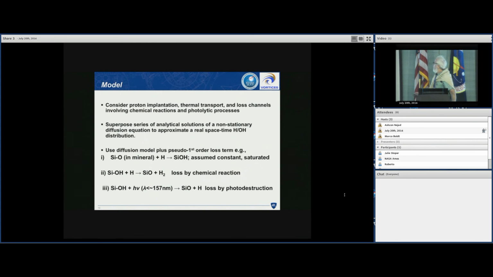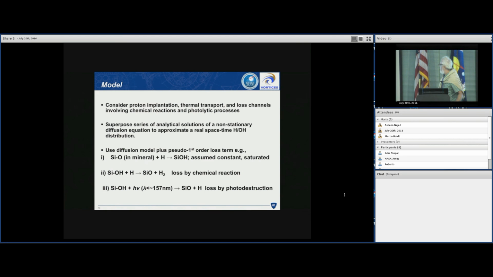Okay, so I have a model. What I did is I have proton implantation, thermal transport, loss channels involving chemical reactions and photolytic processes. So we have a series of analytical solutions of a non-stationary diffusion equation to approximate the real space-time H and OH distribution. So we put in this diffusion model, we added something which is new and important.